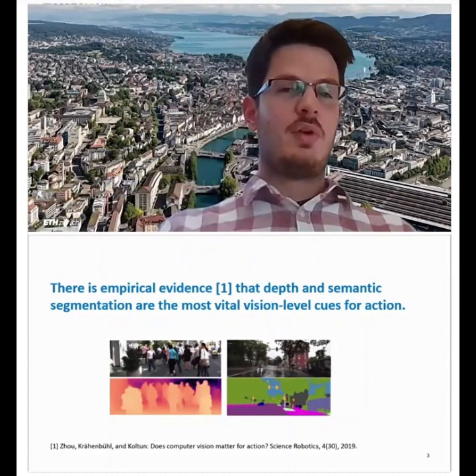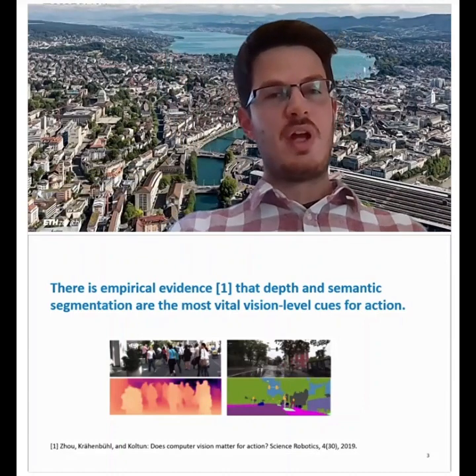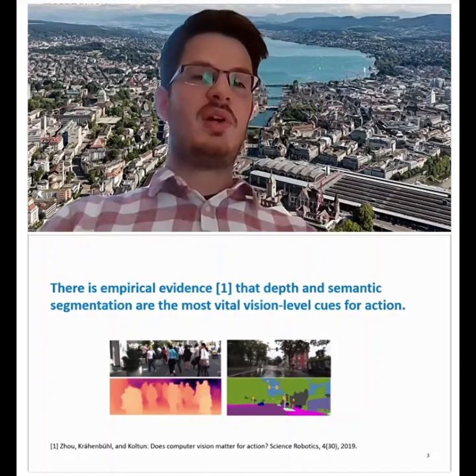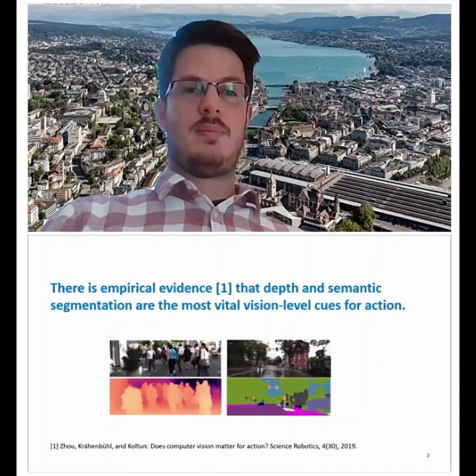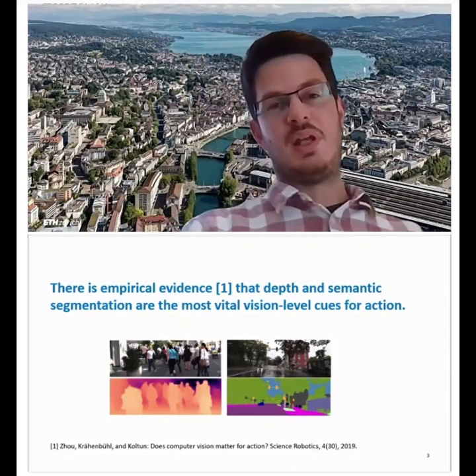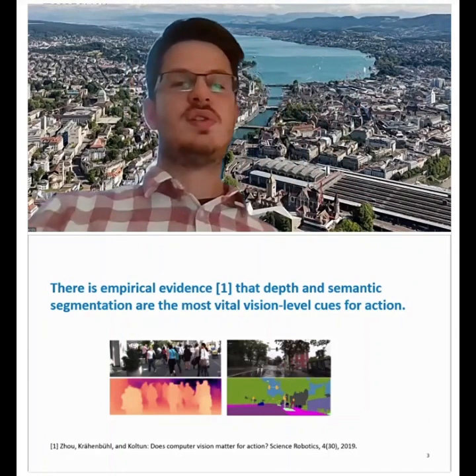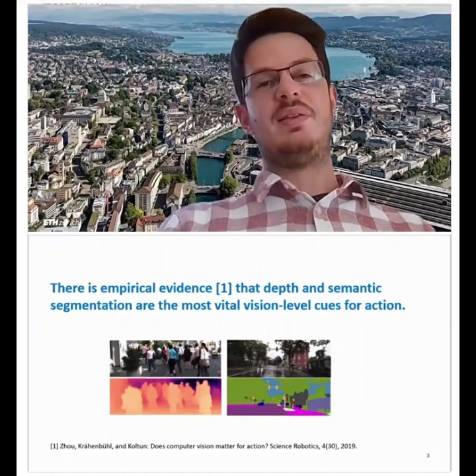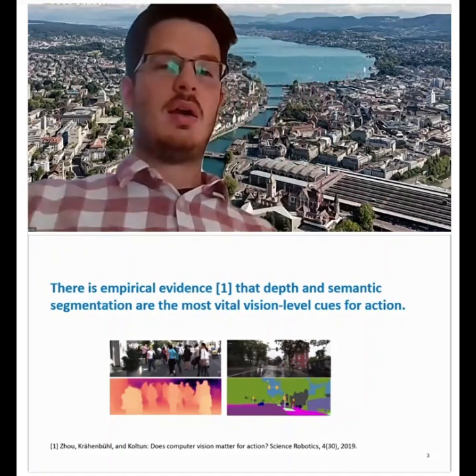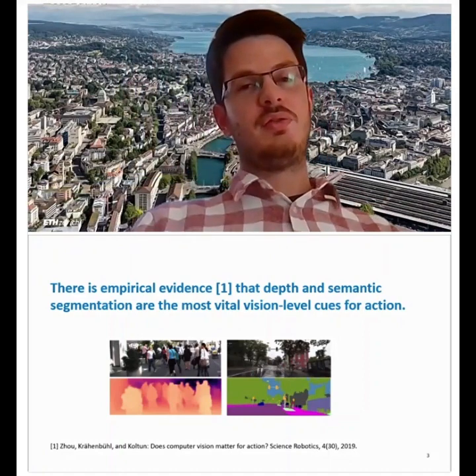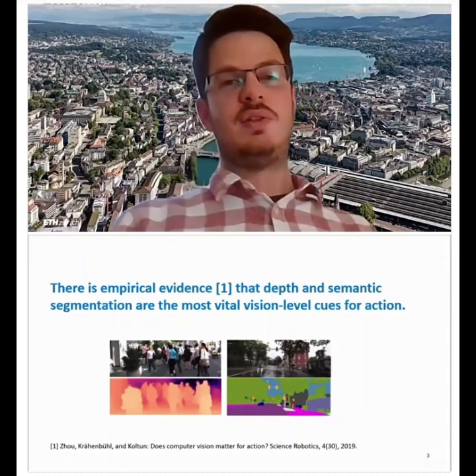I start from the observation that there is empirical evidence, according to previous publications, that vision cues such as depth and semantics, so semantic segmentation, are beyond further utility in vision tasks.